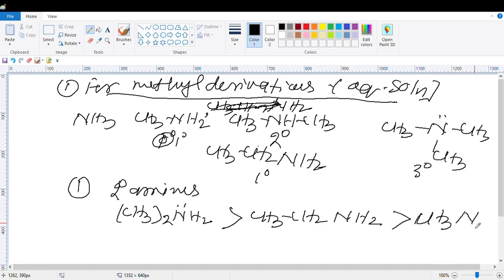So we are taking here ethylamine and methylamine. Reason: this is 1 degree and this is also 1 degree.